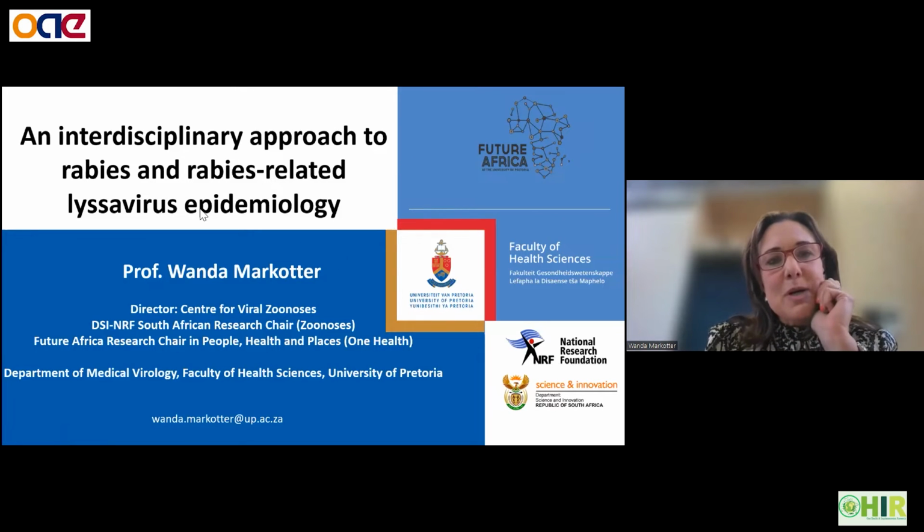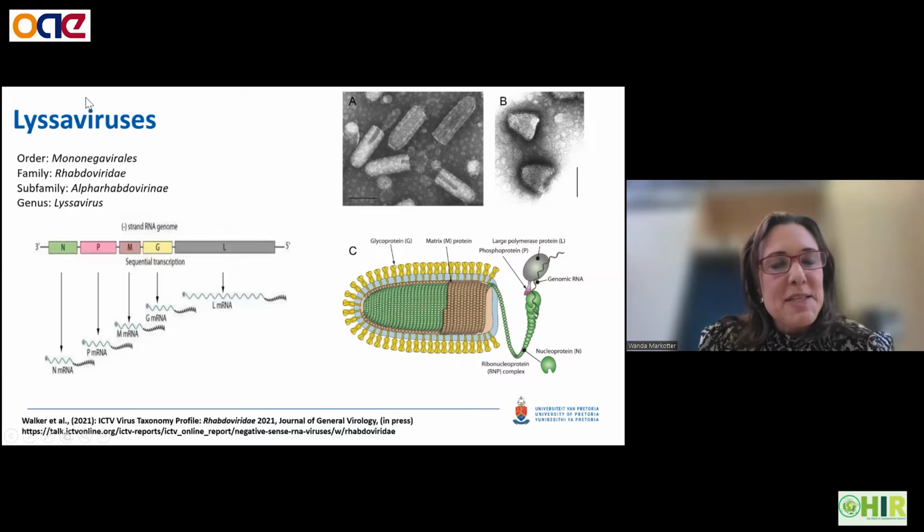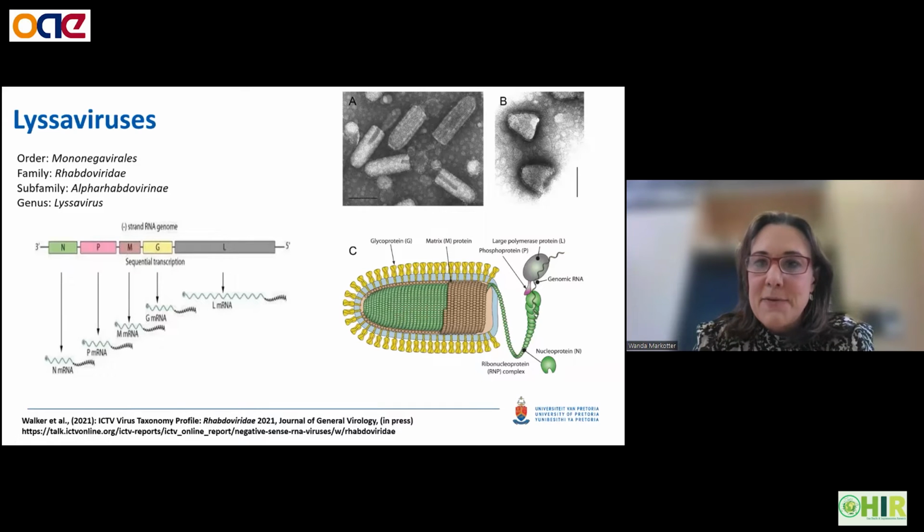But I'm really going to talk about what I do. My research is focused on bat pathogens, and we do a lot of work on the rabies-related lyssaviruses. I don't know if you've seen the diagram of the virus today, but I wanted to highlight something on this slide that's recently changed. The names and the subfamily of where we now fit lyssaviruses in is different.